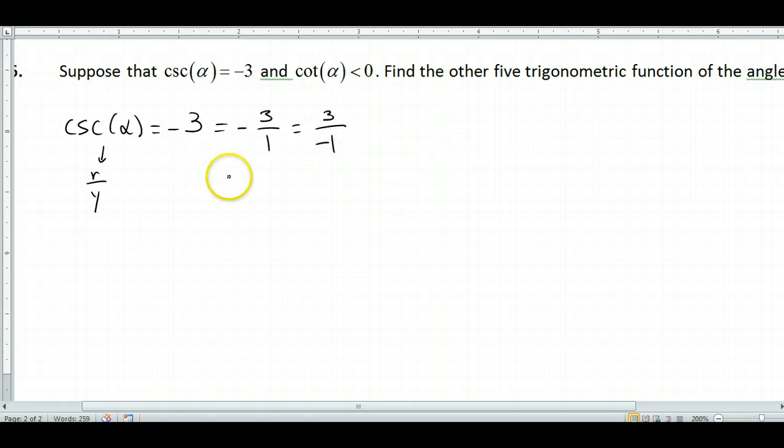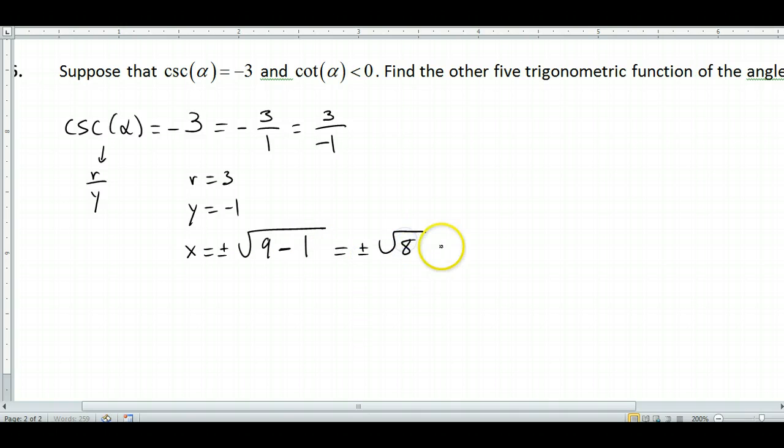Okay, so what you have right here is that r equals 3, y is -1, and x is plus or minus, and we're going to have to decide: r squared minus y squared, so 9 minus (-1) squared, which is 1. So x is plus or minus square root of 8, which is plus or minus, always simplify your fraction, okay, 2√2.